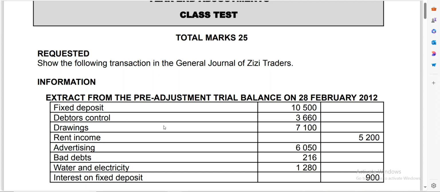In terms of prepaid expenses, we are going to be reducing them. In terms of accrued expenses, we are going to be increasing them, and in terms of income received in advance, we are going to be reducing those incomes. In terms of accrued income, we are going to be increasing those incomes. So those are the things that you need to keep in mind when you do this.